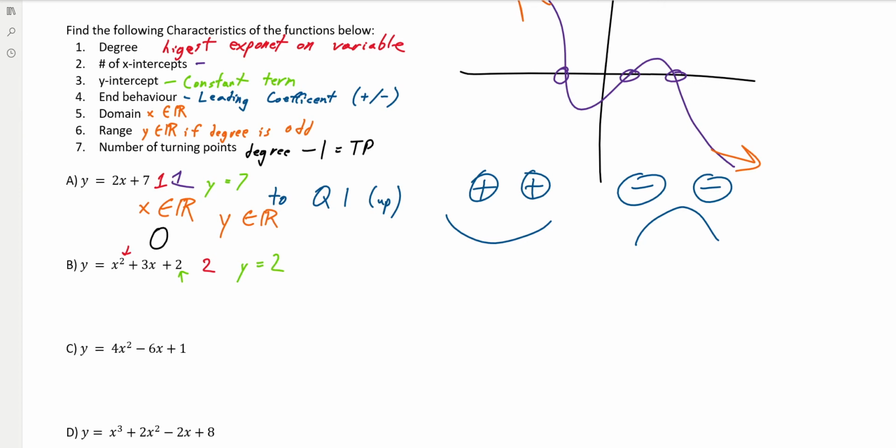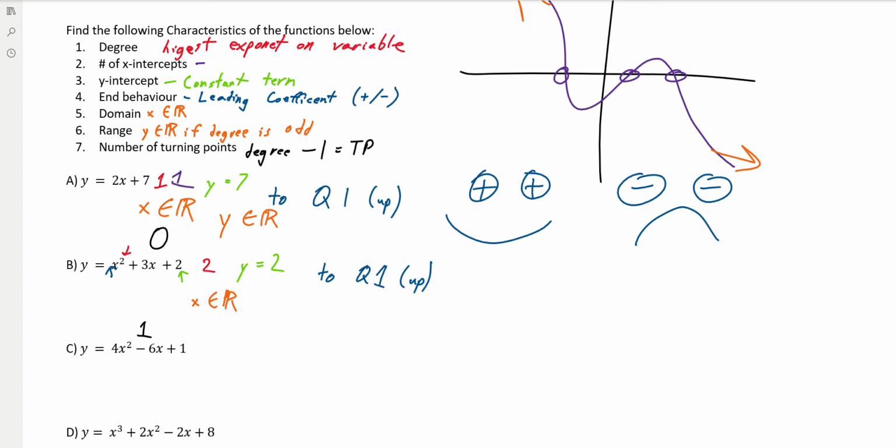The coefficient in front is a positive 1, so that means it's going to quadrant 1, or it's going up. X is a real number, and the number of turning points is degree minus 1, so the turning points is 1.